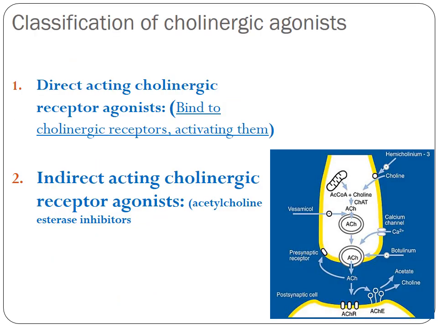Regarding the classification of parasympathomimetic or cholinergic agonist, it's also classified into direct and indirect.